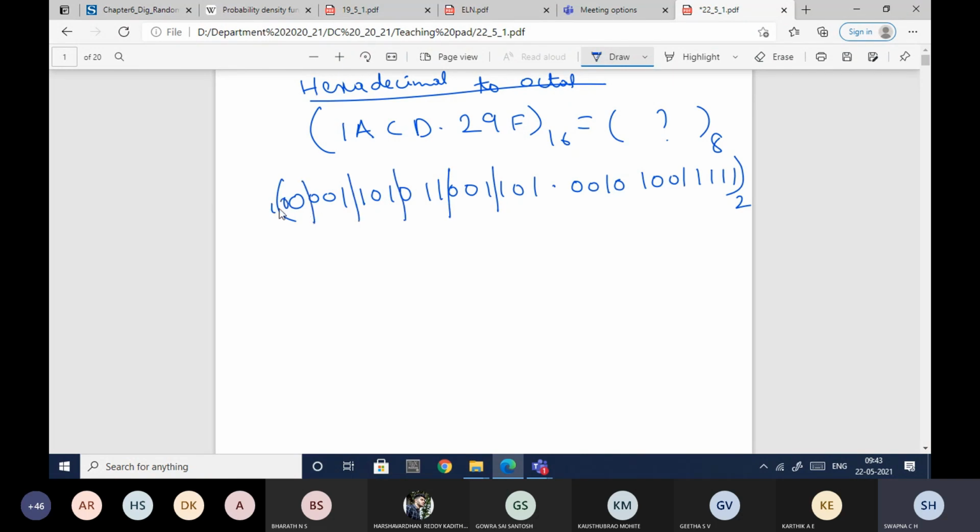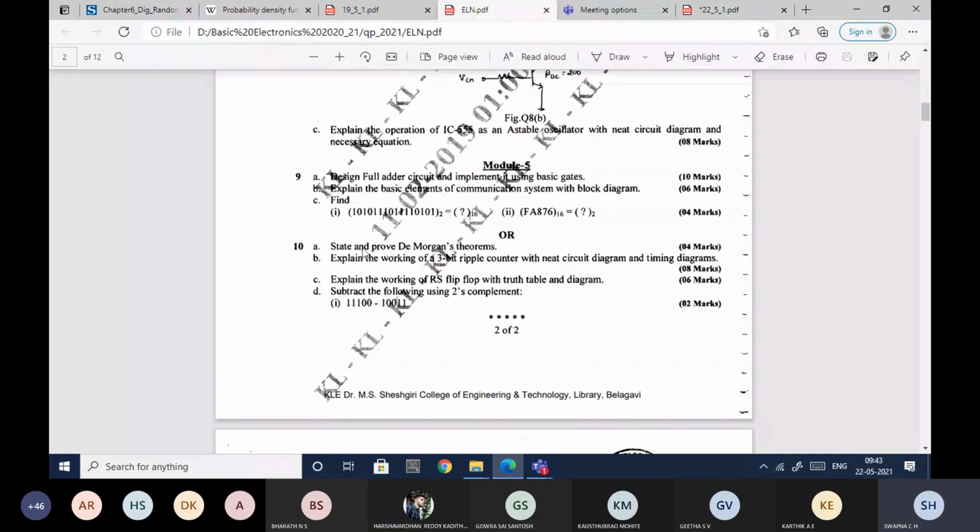Only 1 0, I have appended 2 more zeros. 1 2 3, 1 2 3, 1 2 3. That's all. So what is the answer? 1 5 3 1 5 point 1 2 1 2 3 7 base 8. That's it. So you can see problems related to this.